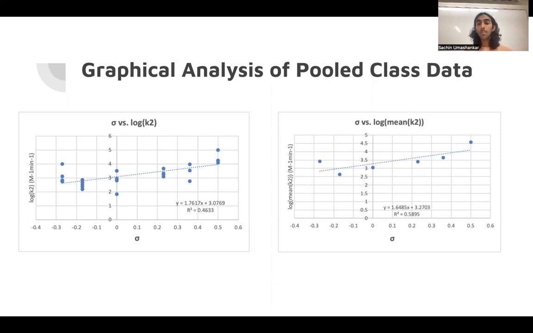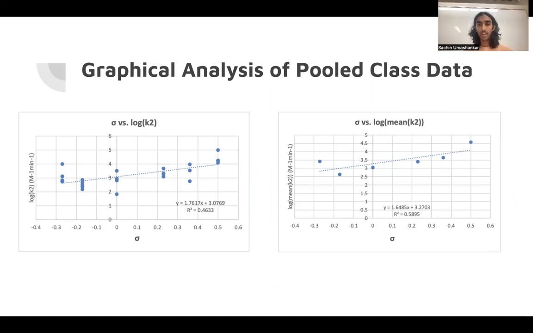As you can see, there's a slight positive correlation, and the slope is approximately between 1.6 and 1.7. The graph on the left has all the values, but a slightly lower R squared value, so the line isn't as good of a fit.